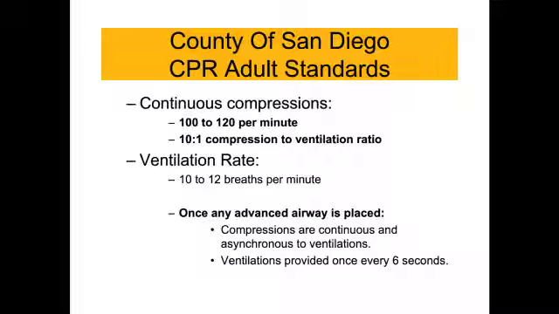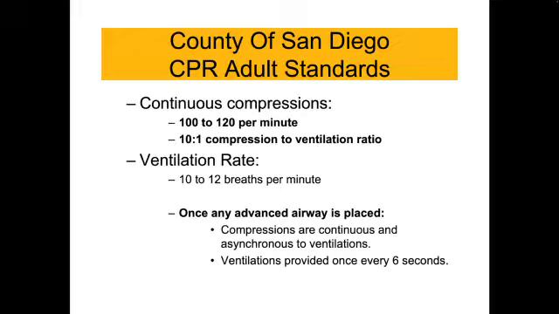Every 10th compression, the ventilator squeezes the bag, and this gives the person in cardiac arrest more continuous compressions, less time off the chest, and it still gives them about 10 or 12 breaths per minute as well. It works really, really well. If the patient has any kind of viability about them, it will help them to hopefully achieve ROSC.